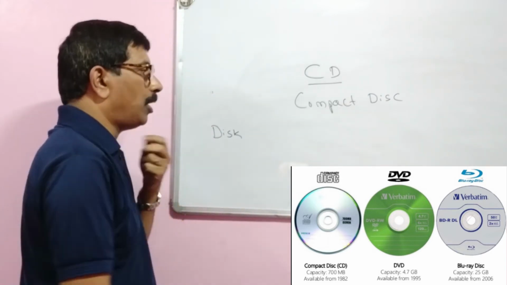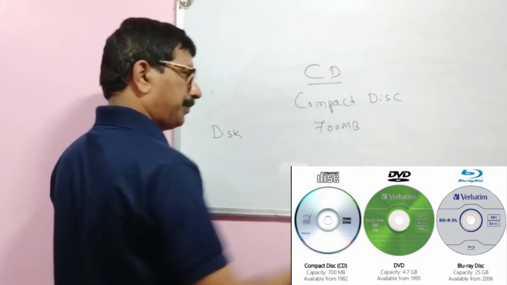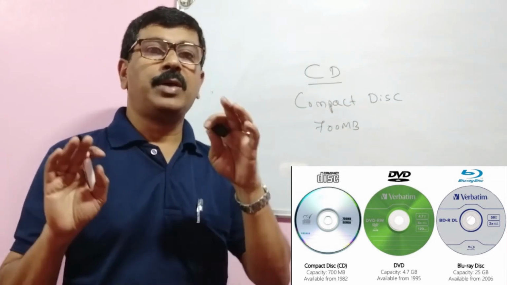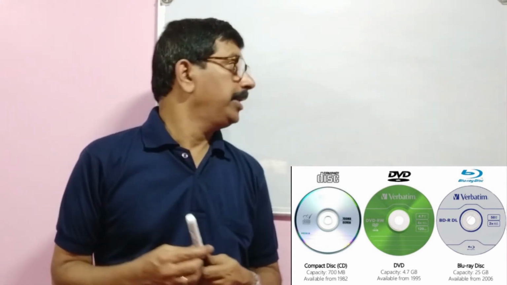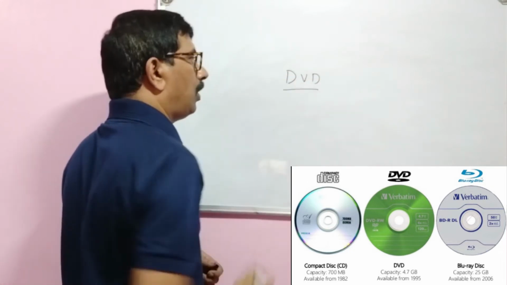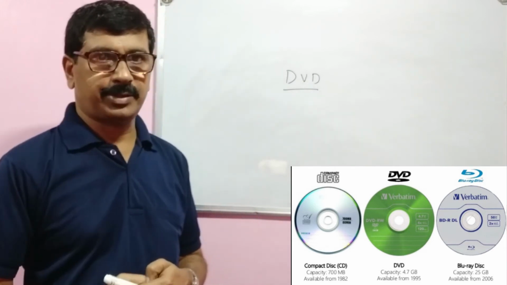A compact disc may be of size 700 MB. That means in one CD we can store 700 MB of information. Then DVD, digital video disc, or it is also called digital versatile disc.